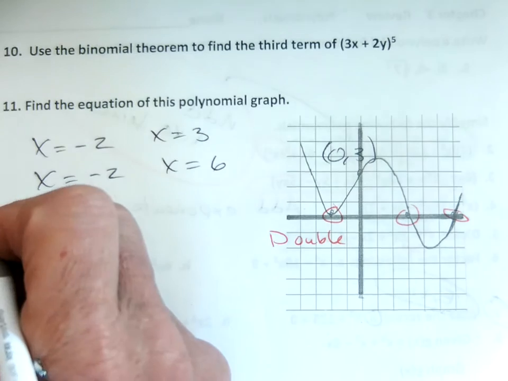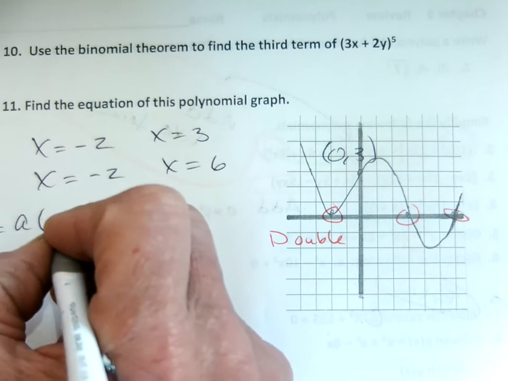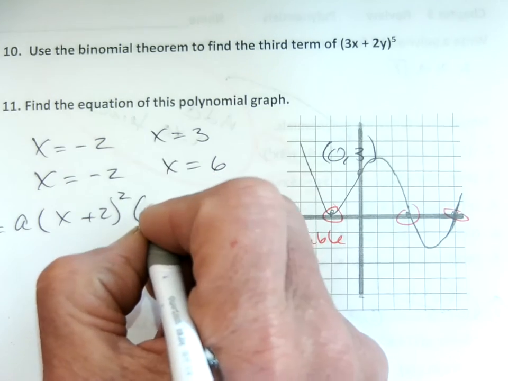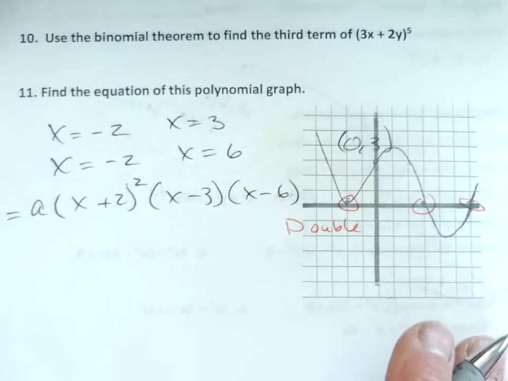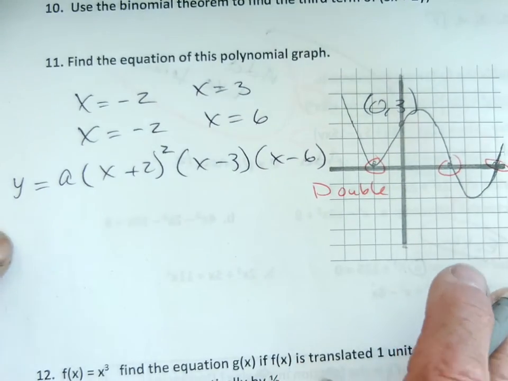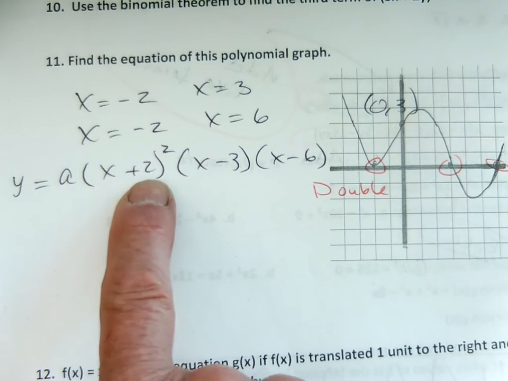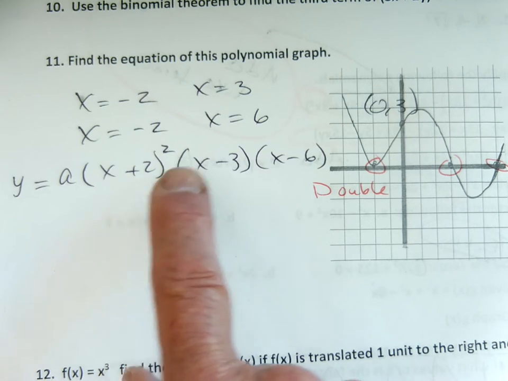All right, so here's what I know so far. y equals some value a times (x plus 2) quantity squared, times (x minus 3), times (x minus 6). I wrote (x plus 2) squared because there really are two of them because of the double root.